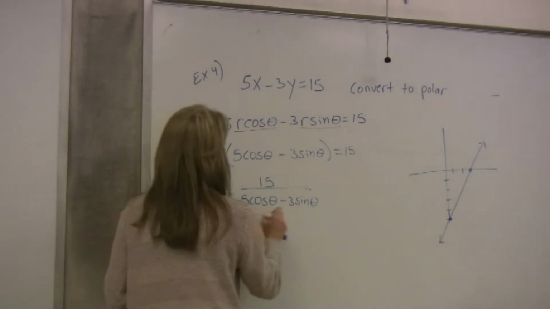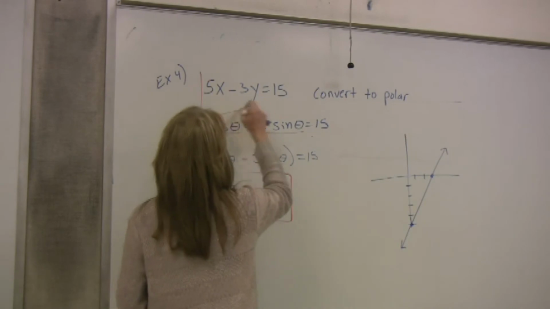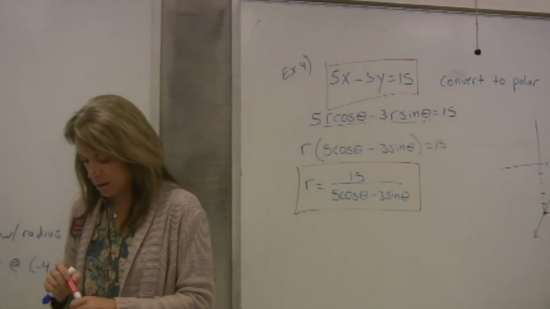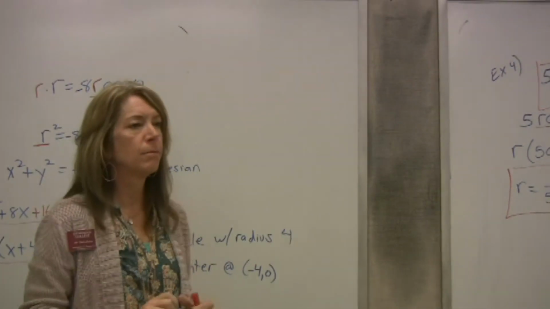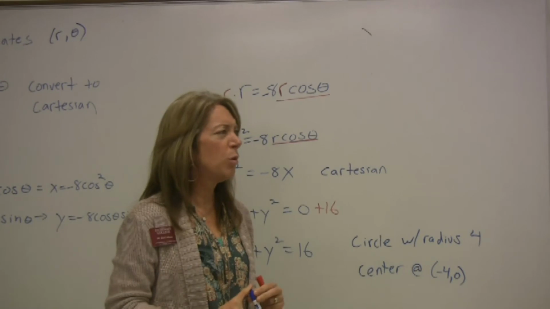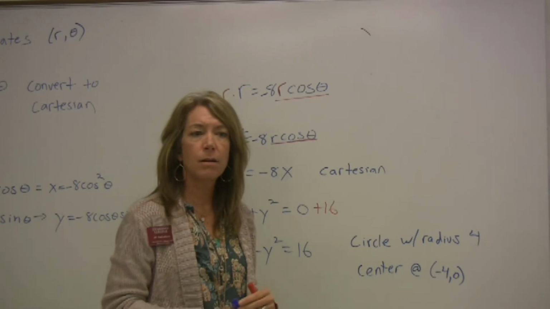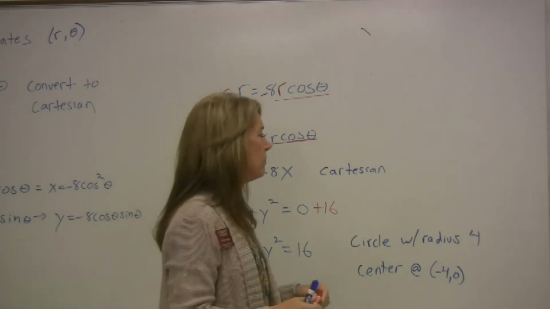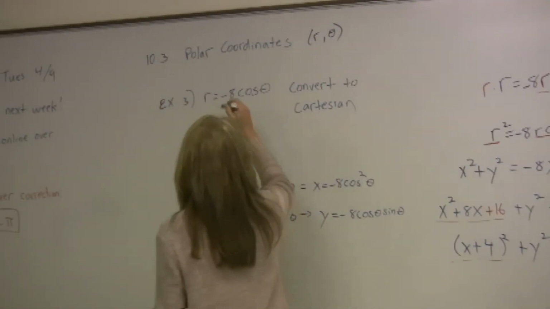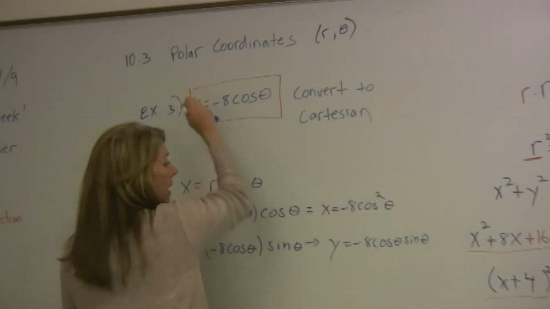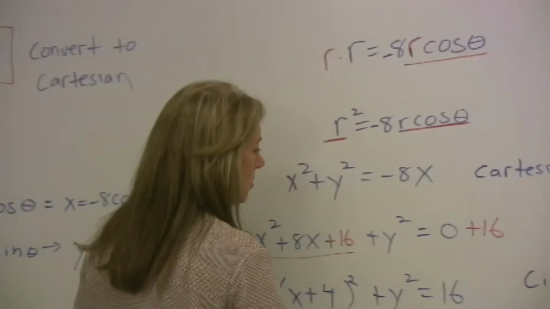Here's our polar, this was our Cartesian. Why is it so messy? What is polar doing for us? This was our polar, and this was our Cartesian.